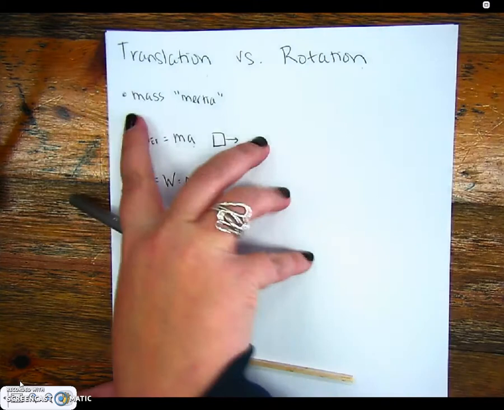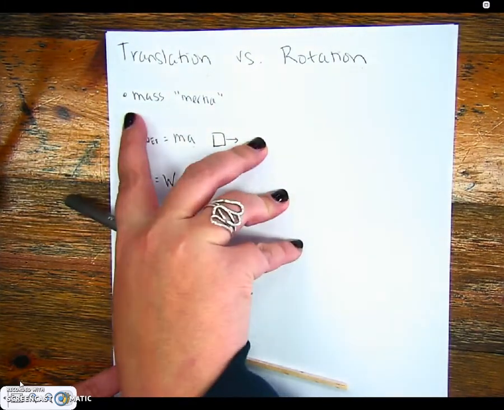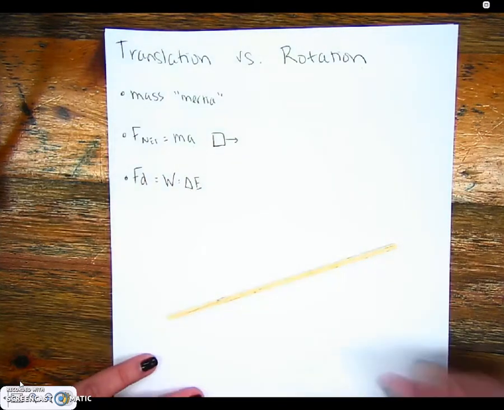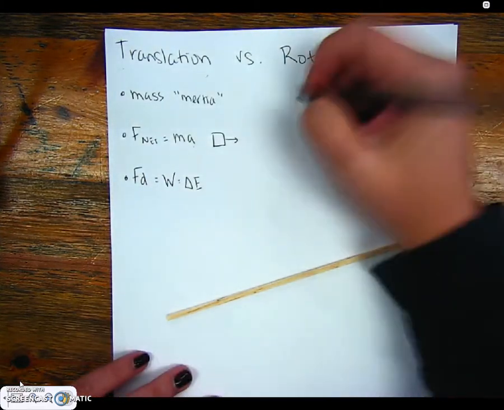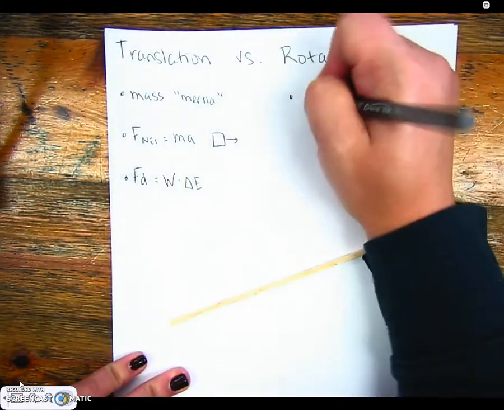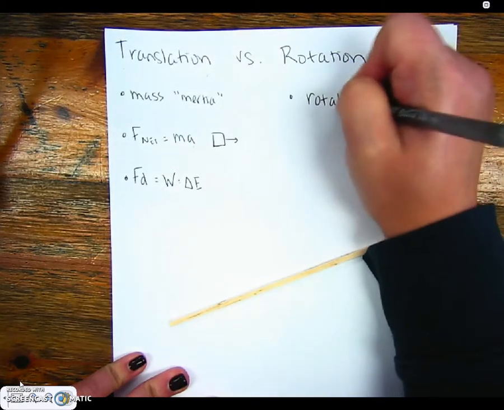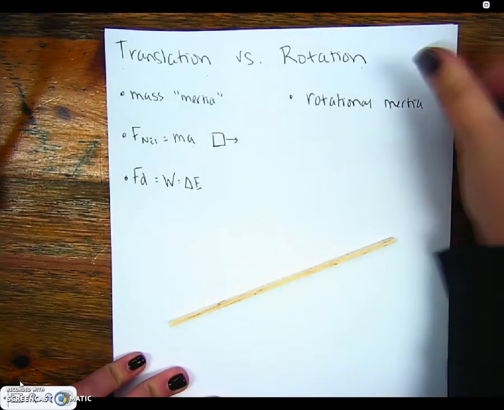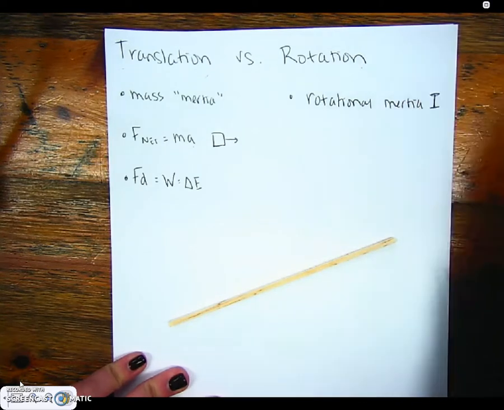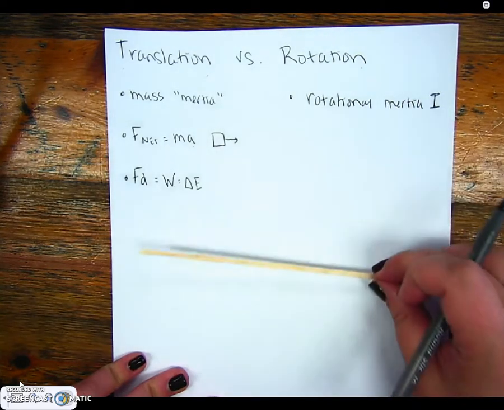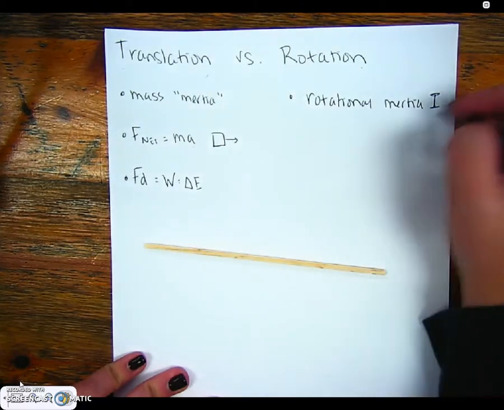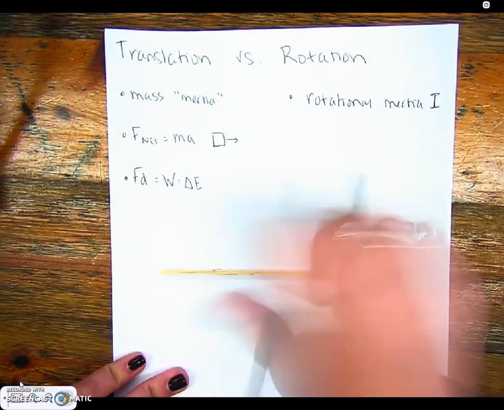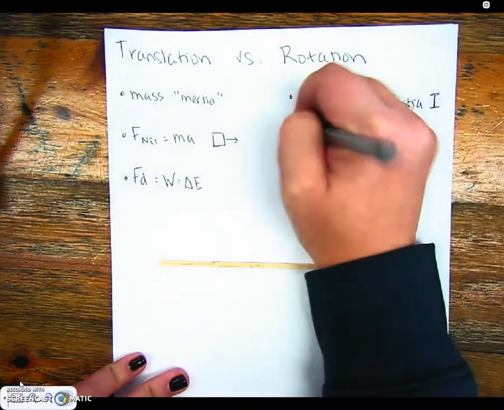So an object that wants to rotate also has a mass of sorts. We call this the rotational inertia, or the moment of inertia, which is written with this letter I. It really is about how that object distributes its mass about what is called the center of mass.